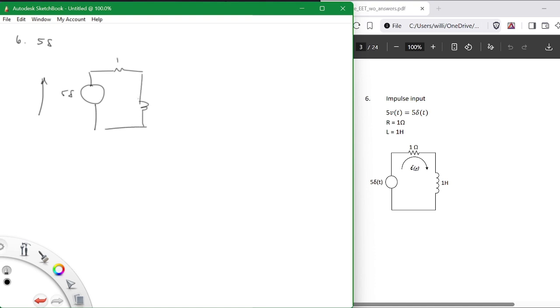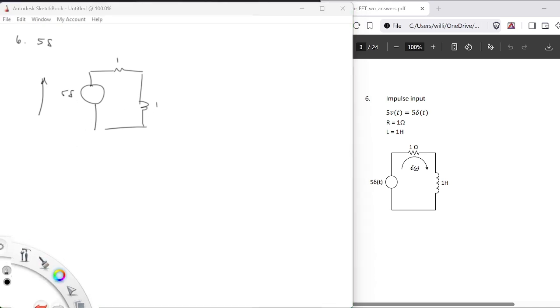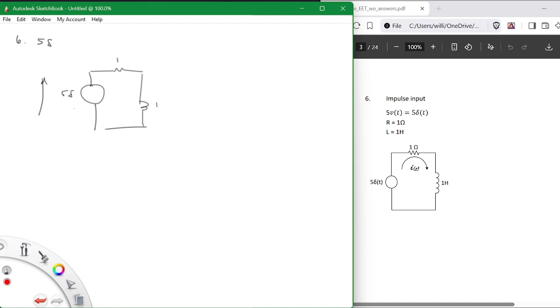So we got 1 up here, we've got 1 over here, and then we got 5 over there. So let's do our conversion in. The conversion of that is just a 5. And this is a 1, and this is a what? What's the conversion for that? 1 times S, or just S.